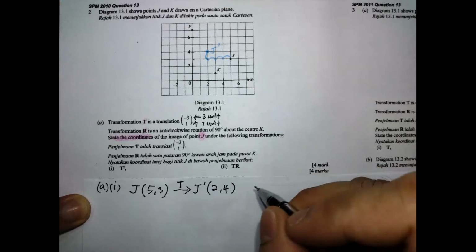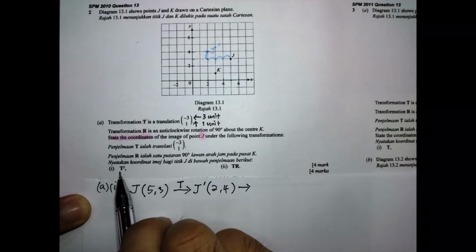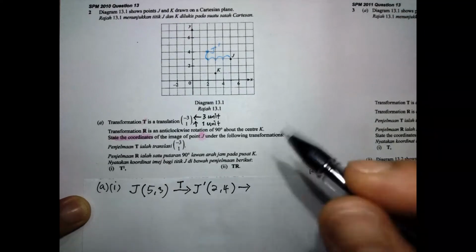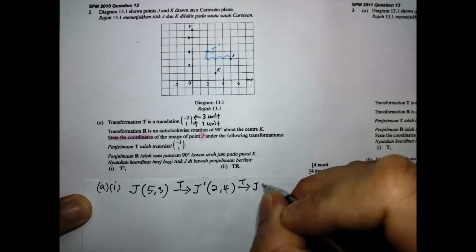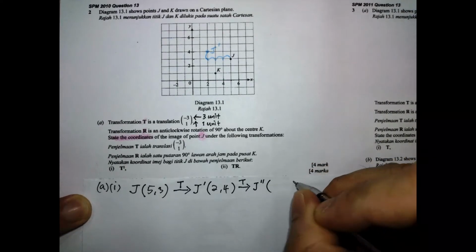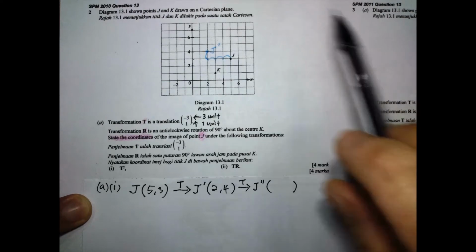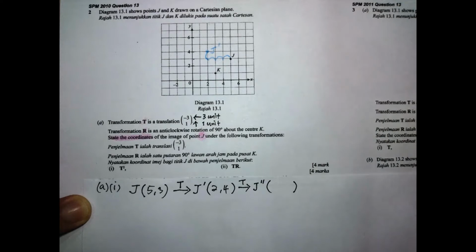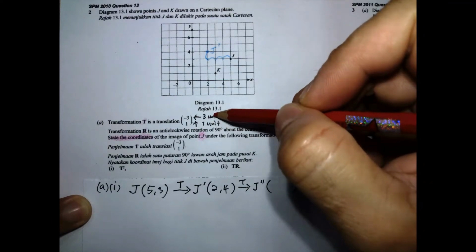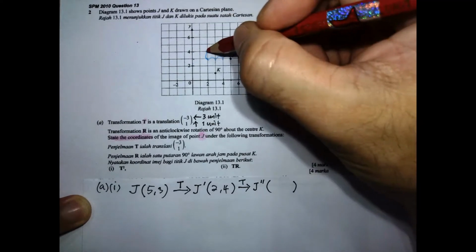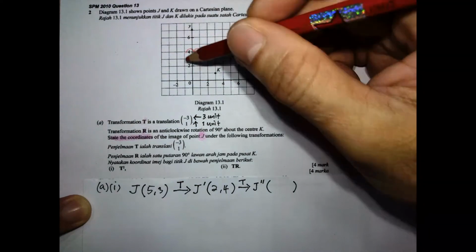We continue with the next one. The next one is also T, because they want T squared, meaning you do the translation two times. Now we're looking for the second image of J. We continue from here and do the same thing: 3 units to the left, 1, 2, 3, and 1 unit going up.